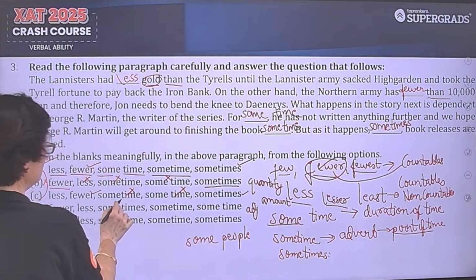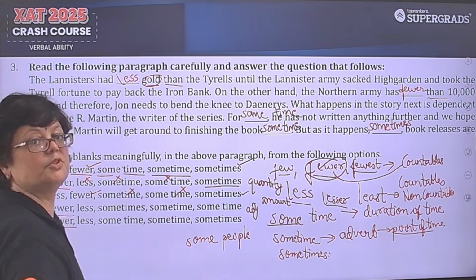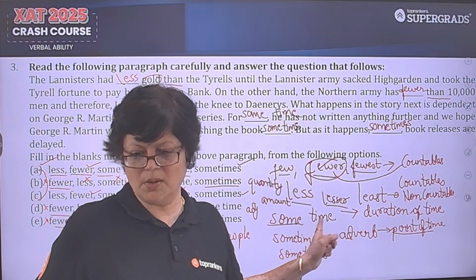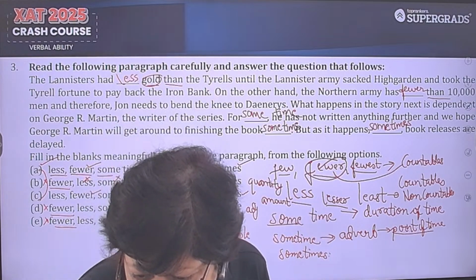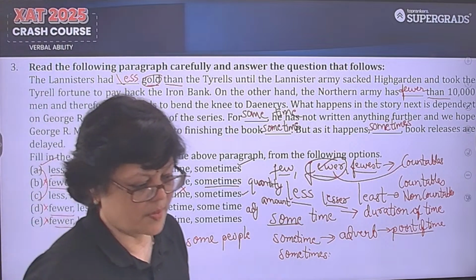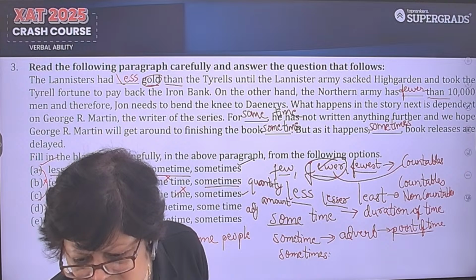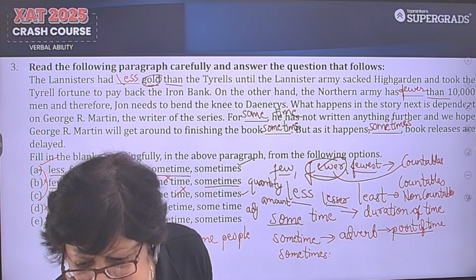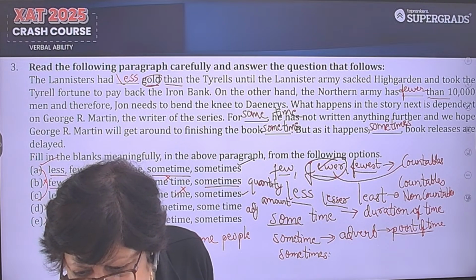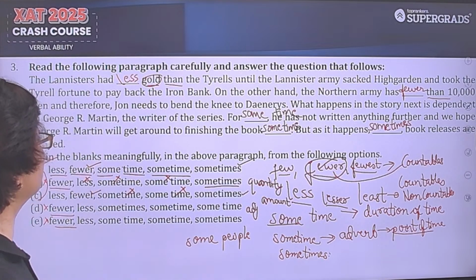So looking at blank number 3 and 4, you find that this is the game changer. That is why your answer option A will be the correct answer. I hope this is clear.